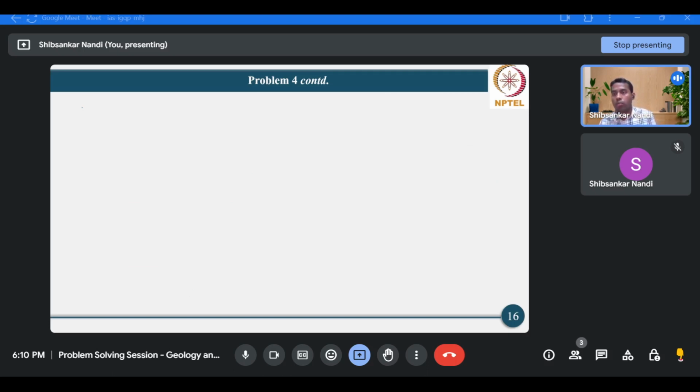So therefore we can substitute this value in any of these equations.